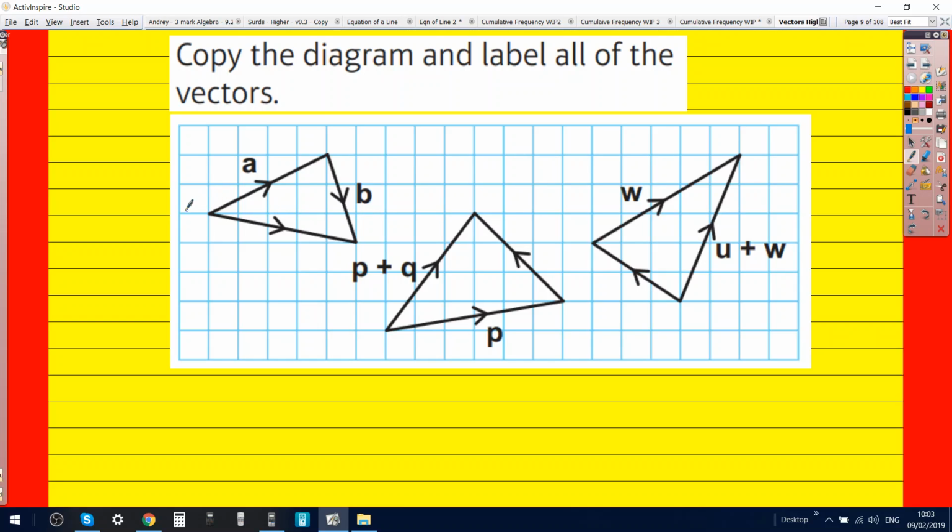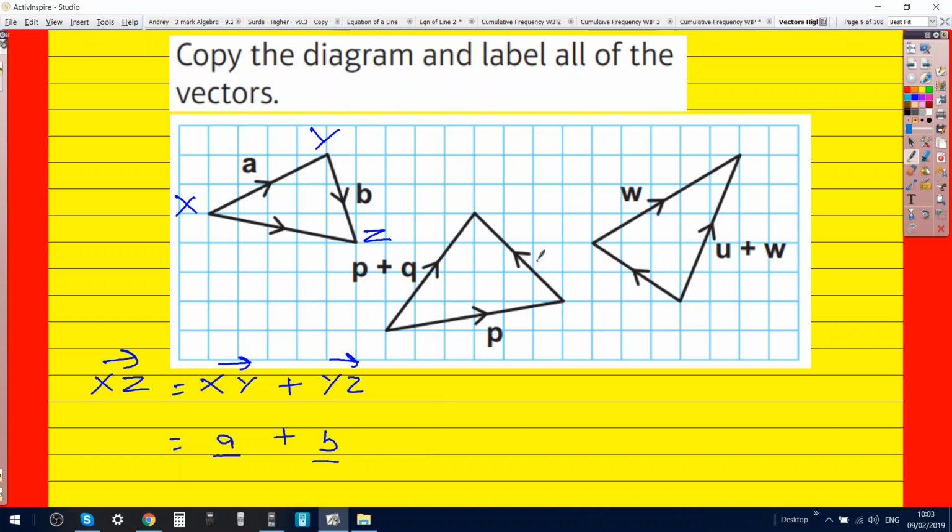So if you start, I'll call these points X, Y, and Z. If you go from X to Z in terms of A and B, you can only go along lines that have A or B. X to Z is X to Y plus Y to Z, because you don't have any vector on X to Z. What is X to Y? Is it A, B? Yeah, so A plus B.